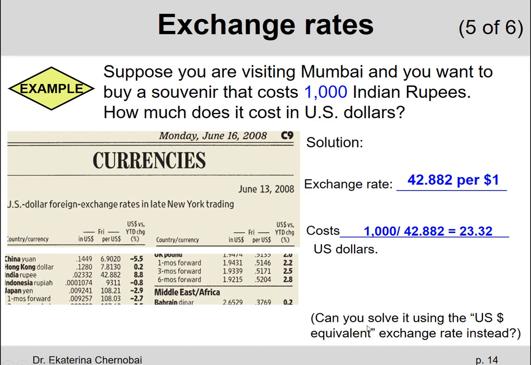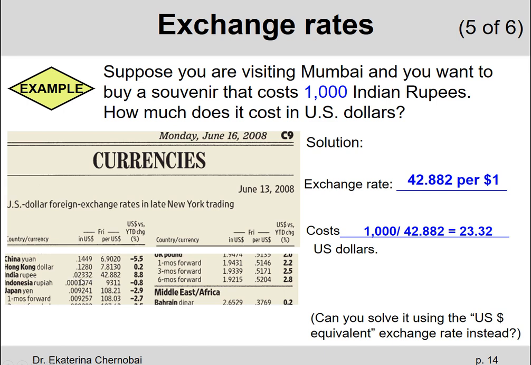Again, the same second question. How would you instead use the other expression of this exchange rate between the rupee and the dollar from the first column? The first column shows 0.02332. What does it mean? It's labeled as in US dollars. So this is how many dollars give you 1 rupee.